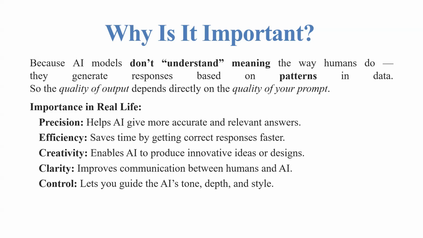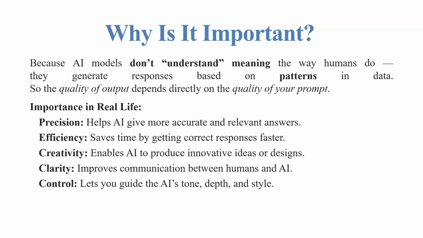So the next one is clarity. Here prompt engineering improves the communication between humans and AI. Think about talking to another person. If your instructions are confusing, the other person may misunderstand you. The same thing happens with AI.